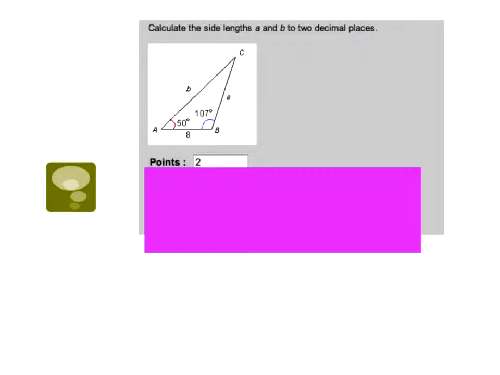If I started to set this one up, I could say sine 50 is to A as sine 107 is to B. Okay, let's write that out, what we have so far. Sine 50 is to A as sine 107 is to B. What's my problem here, though? Does anybody see a problem? There is a problem. I'm letting you know that there is a problem.